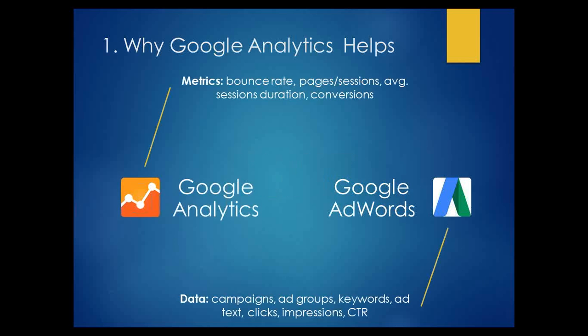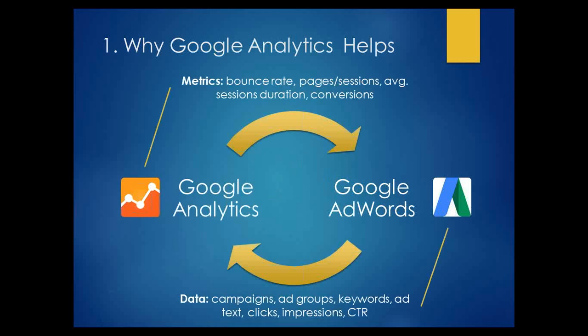What I want you to see in this diagram is two separate systems, and they provide two separate types of data. Analytics gives you data about what happens on your website. Google AdWords gives you data about how your ad campaigns perform. What's so valuable about having Analytics is that you can actually connect your Analytics account to your AdWords account.